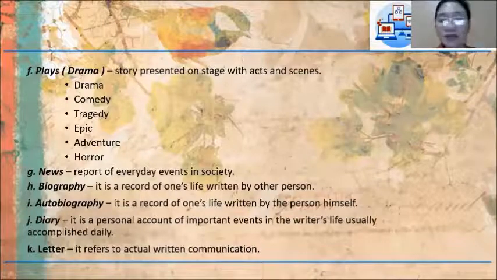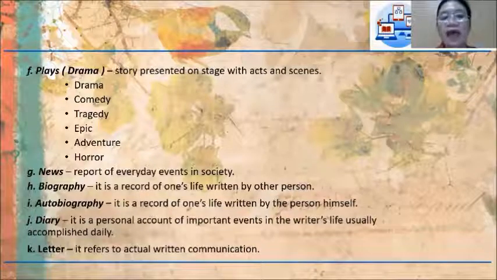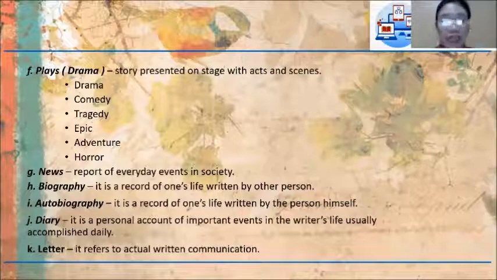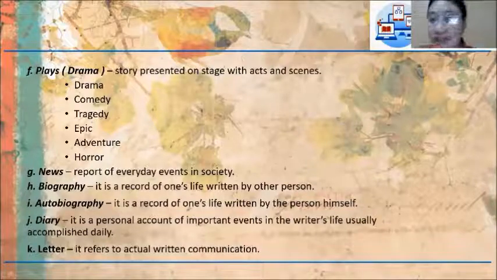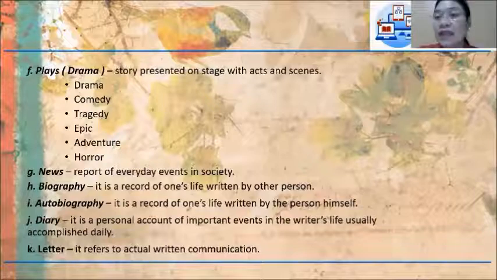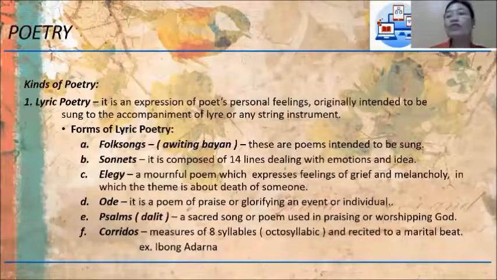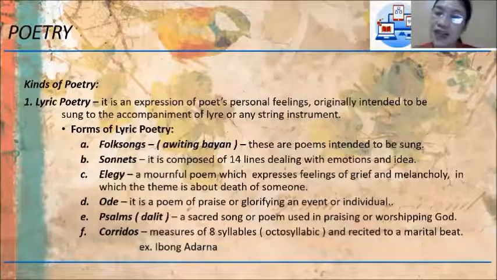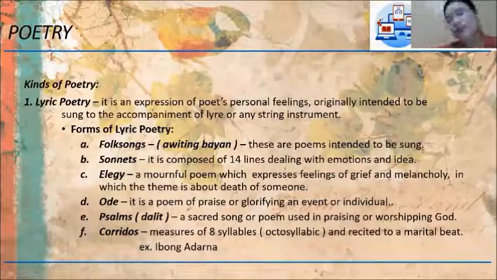And then letter, it refers to actual written communication. It can be a love letter, or it could be a business letter, depending upon the purpose of the letter. Now, those are the different kinds of prose.